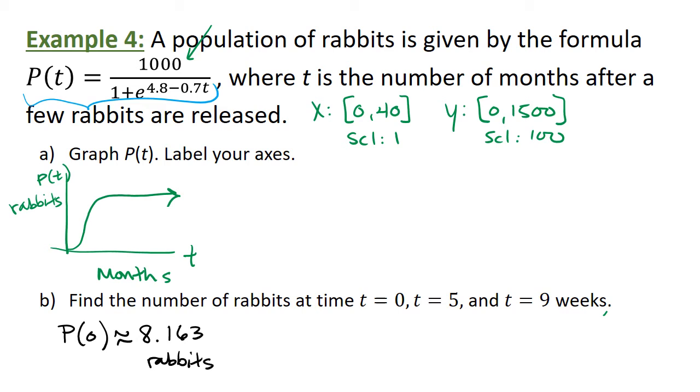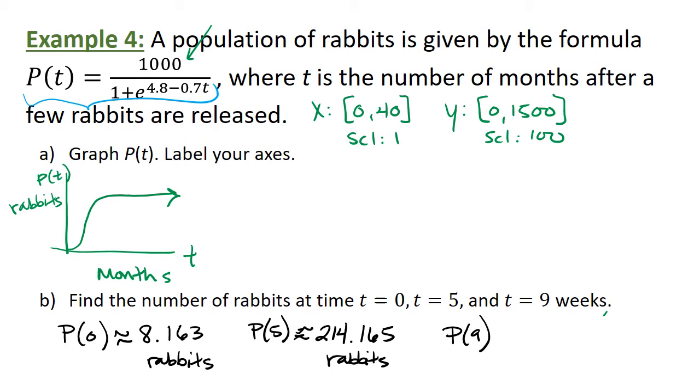Finding the number of rabbits after 5 months, P of 5, plugging that into your calculator, you will have approximately 214.165 rabbits. I understand that you can't exactly have a fractional rabbit, so just make sure you're paying attention to how they want the answer written, whether it's to the nearest whole or not.